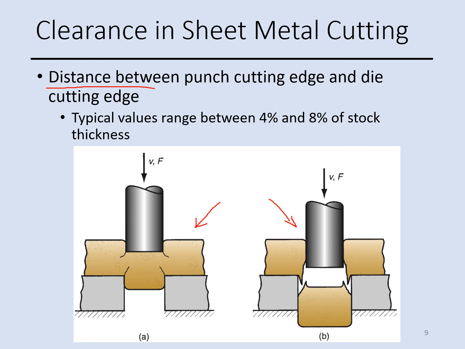The fracture lines, as you see, don't pass each other, which causes double burnishing or a larger force. If it is too large, as in picture B, the metal is pinched between the cutting edges, and we have a rough surface. Excess burr can be obtained through this operation.